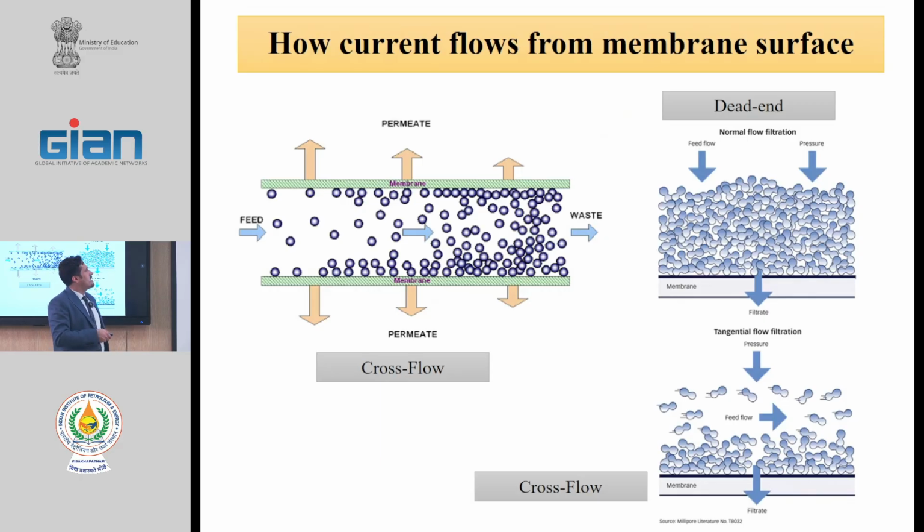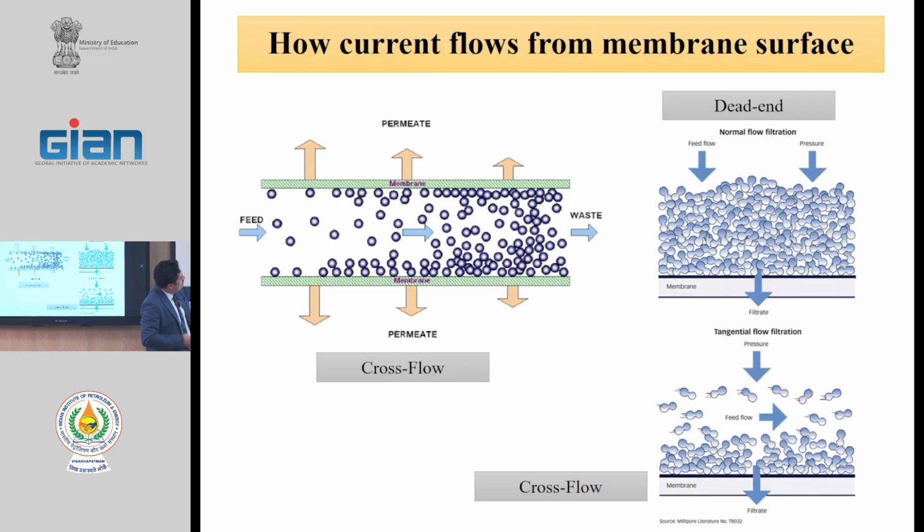Usually for testing of membranes in the lab or industrial scale, we have two flow regimes. We have dead-end filtration or we have cross-flow filtration. In cross-flow, we have a cross movement of the fluid relative to the membrane surface.